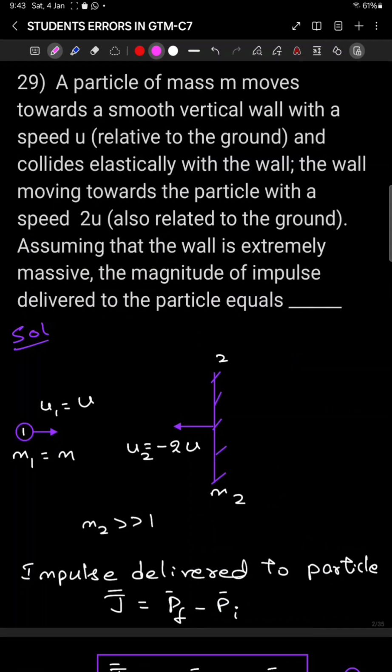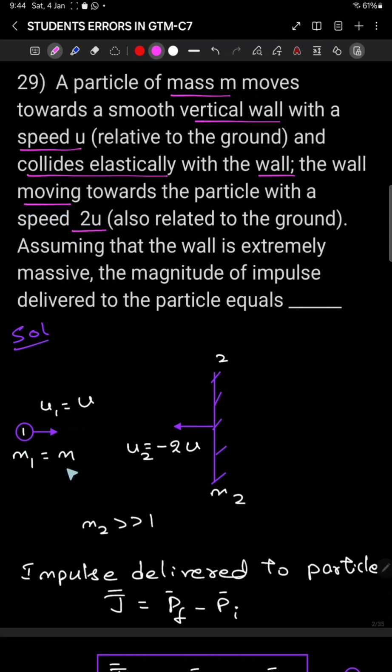In the next question, this question belongs to one-dimensional elastic collisions. Here a particle of mass m moves towards a smooth vertical wall with a speed u and collides elastically with the wall, and the wall is also moving with a speed 2u.